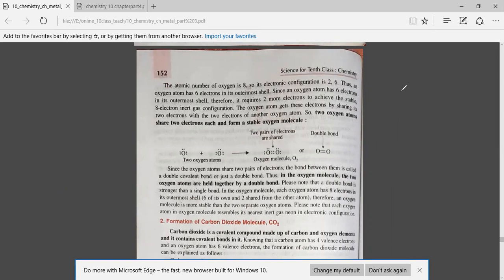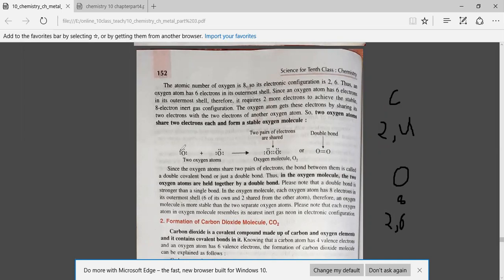The atomic number of carbon is 6, so the electronic configuration is 2, 4. And the atomic number of oxygen is 8, so its electronic configuration is 2, 6. So carbon requires 4 electrons to complete the octet, and oxygen requires 2 electrons to complete the octet.